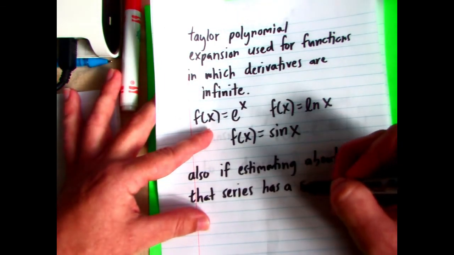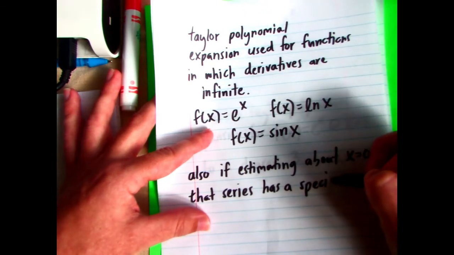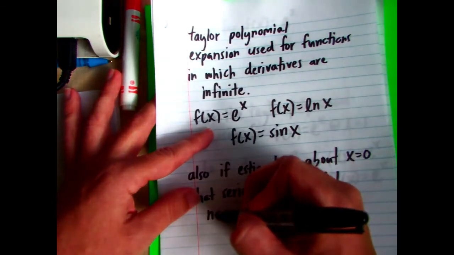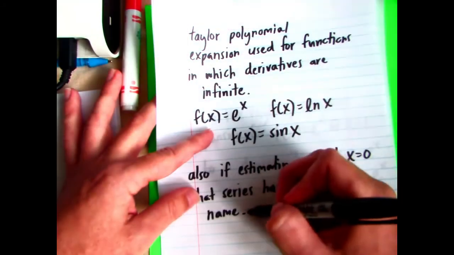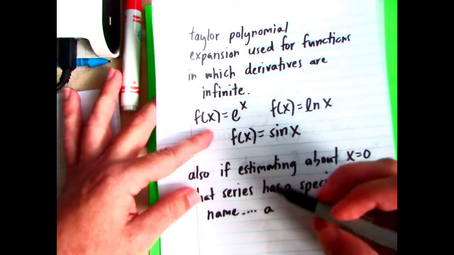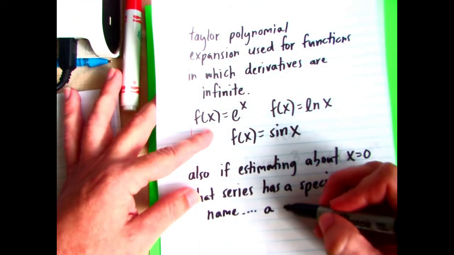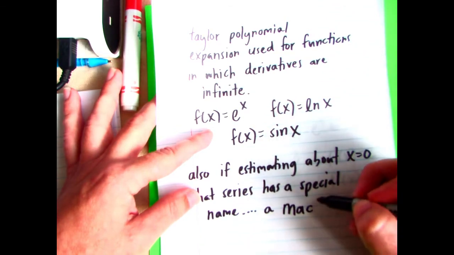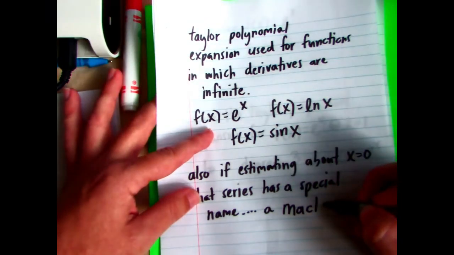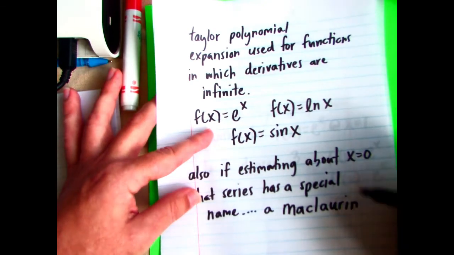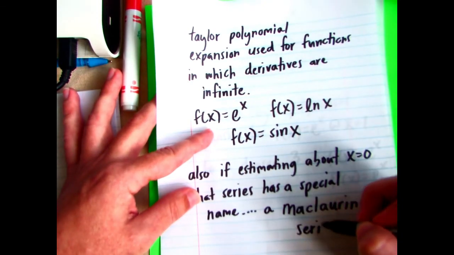That Taylor polynomial is called a Maclaurin polynomial. So if you ever come across that name, Maclaurin, in your problem, it is basically telling you that it wants you to center around x equals 0.